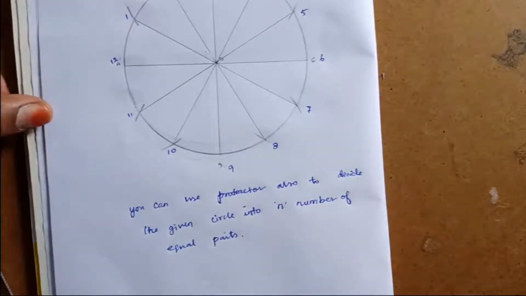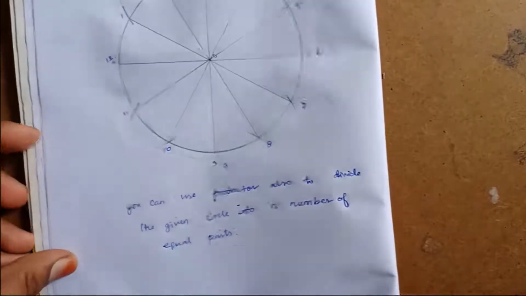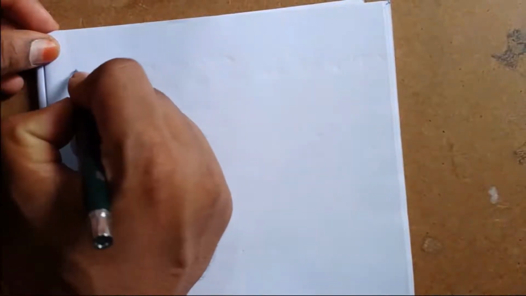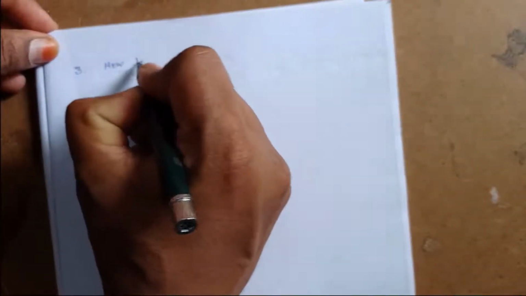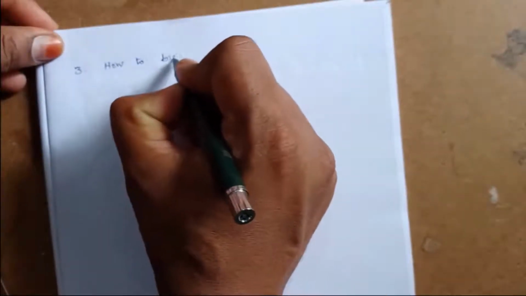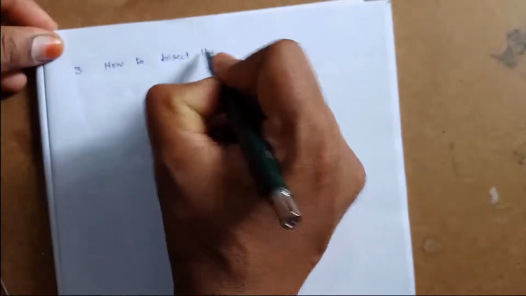Now let us move on to the other one, how to bisect the line, the third one. The third one is how to bisect the given line.